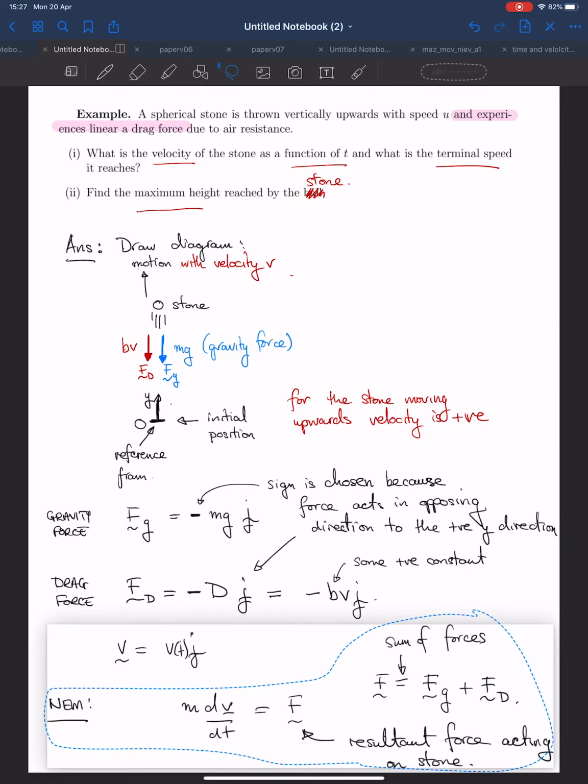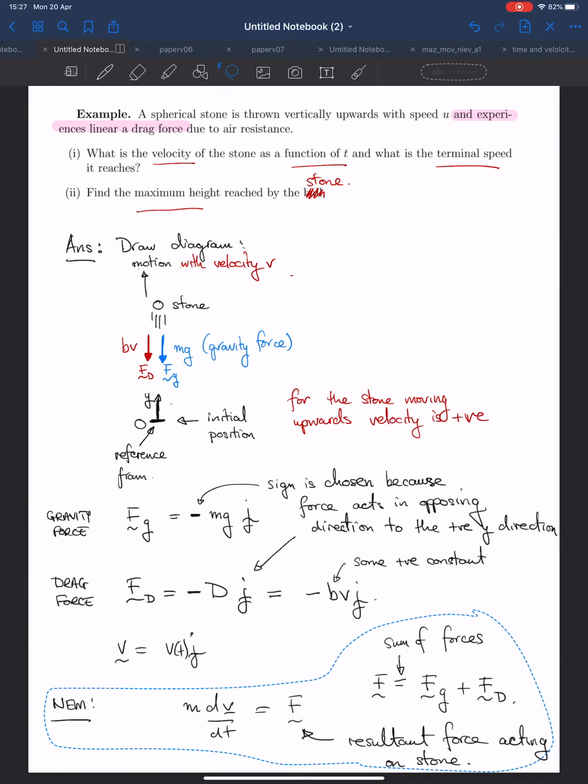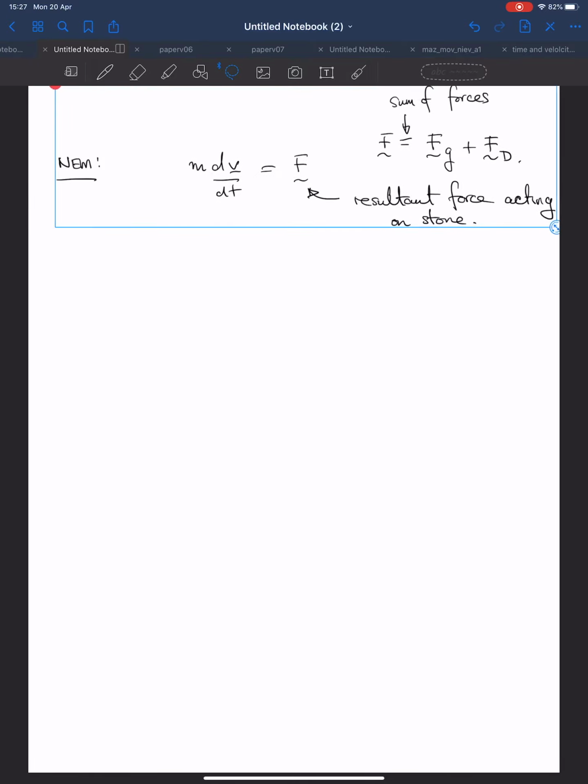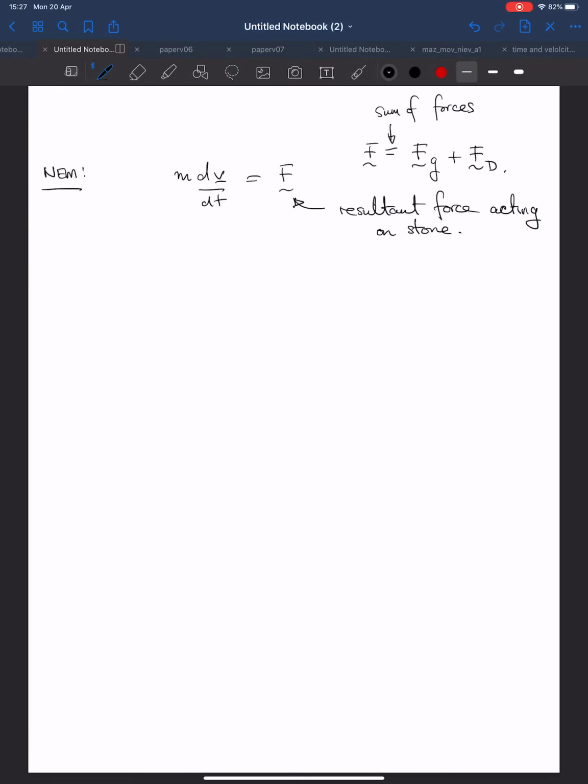Okay, and what we'll do is now start to substitute everything in that we know, and then write down the final equation. So here, capital F, our resultant force, is going to be minus mg j plus minus b v of t, v as a function of time, times j.